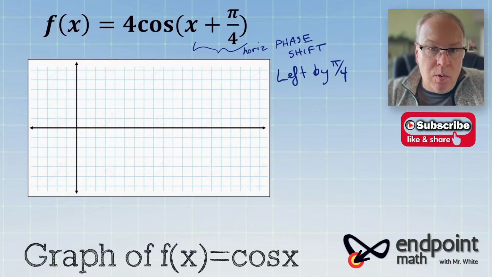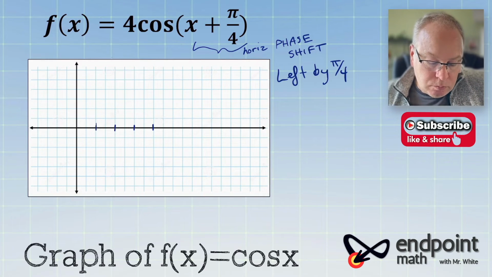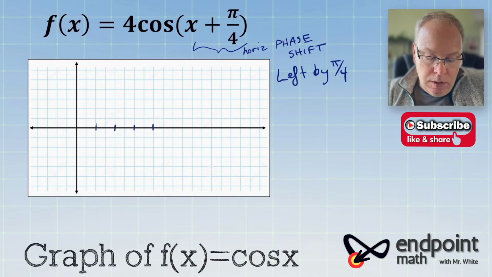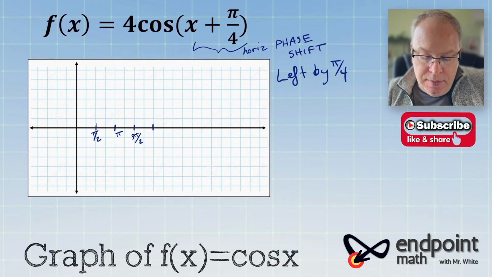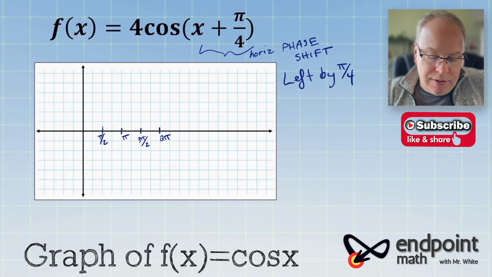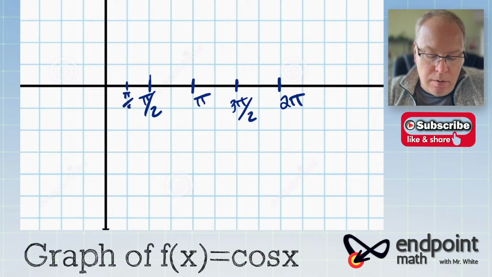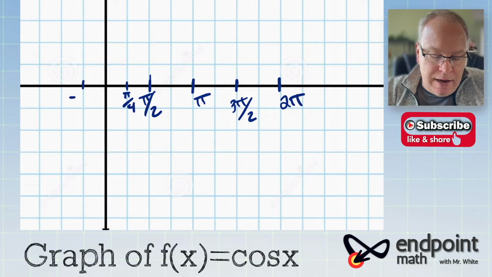All right, so I am going to label this the same as before, okay? This will be pi. This will be pi over 2, 3 pi over 2, and this is 2 pi right here. So do you notice how I made 2 blocks? So this would be pi over 4, which means this would be negative pi over 4.